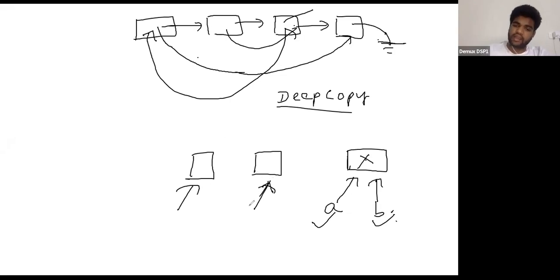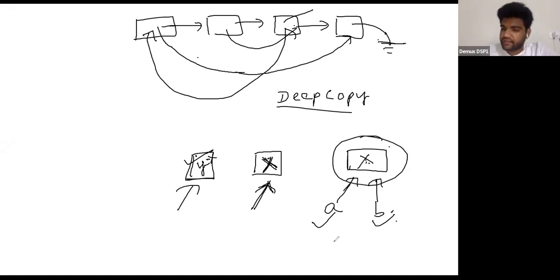So for instance, if you have X here, a variable, and you want to make a deep copy of it, then let's say you created another variable Y at a different memory location, which has the same value as X. Then this is a deep copy of X. Why? Because now when you change here, it will not be reflected here. This is a shallow copy of X in the sense that you have exactly one copy in the memory and you are just referencing it at different places through different names.